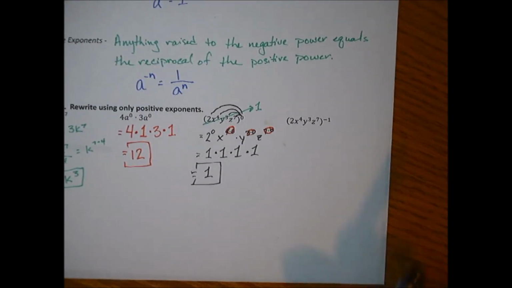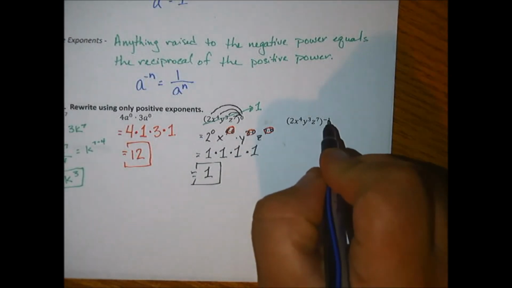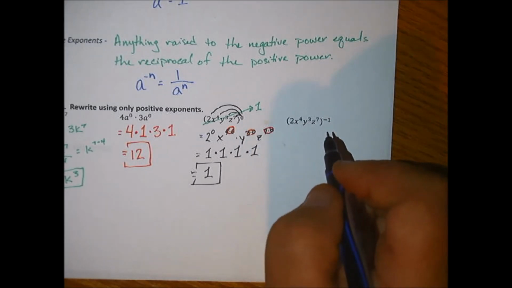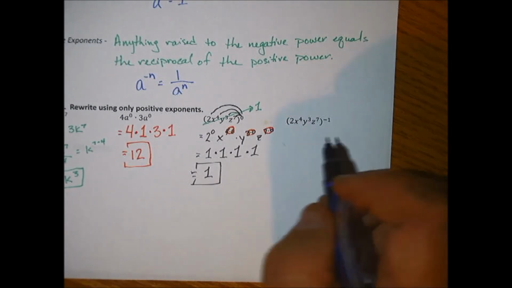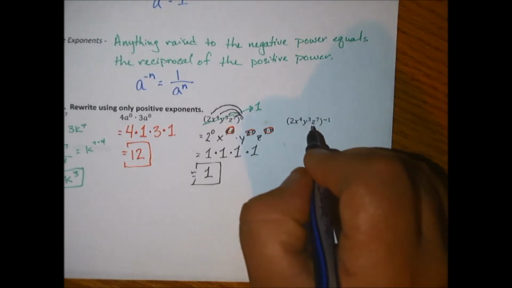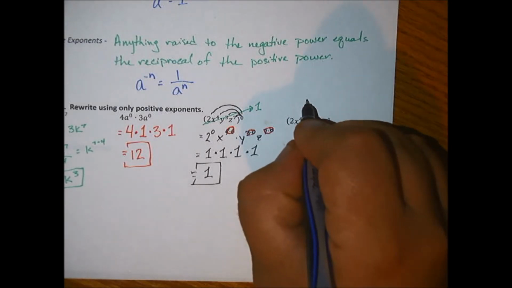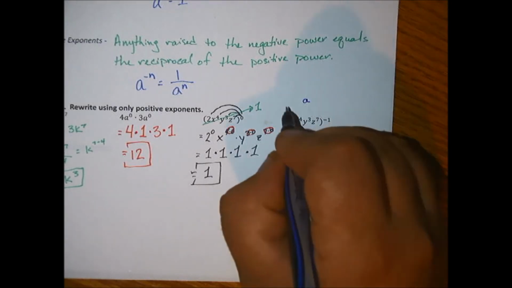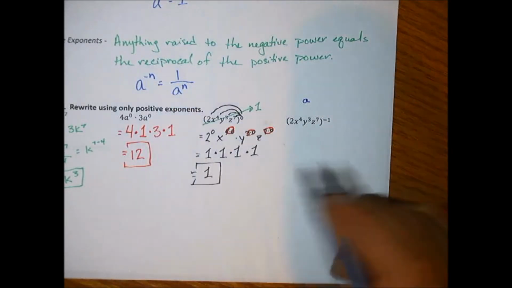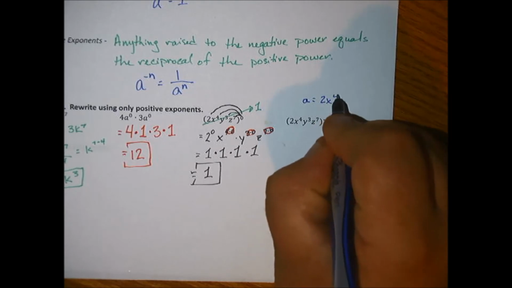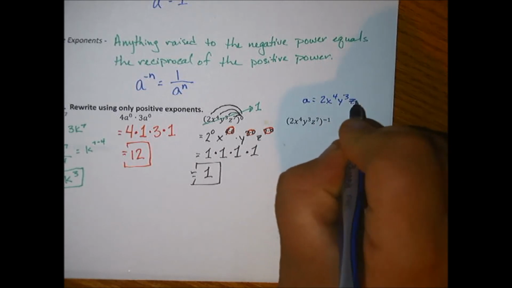Let's look at this last one really quick. Now, just like in the last one, what I should do is probably distribute that -1 into every product. But really you can think of, let's say just off to the side, that a, just like a in this case over here, equals 2x to the 4th, y to the 3rd, z to the 7th.